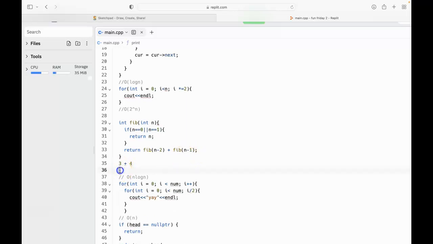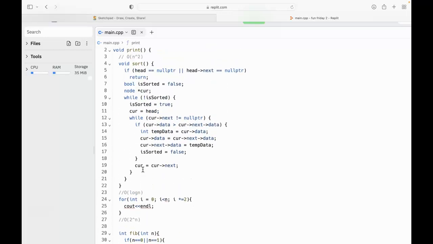And then you'll go to the 3, and it'll be 2, and then 1. And then it'll be 2, 4 minus 2, 4 minus 1, 3. And so as you can see, it increases by 2 every time, so 2 to the n. So that's why that's like that.